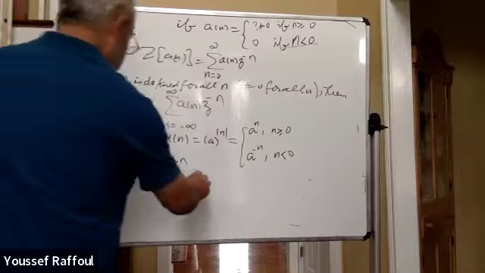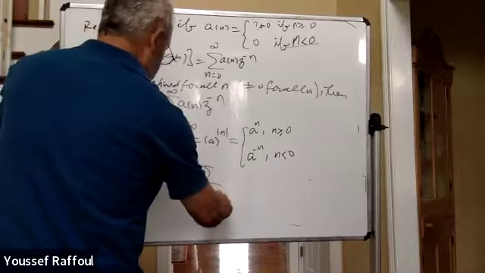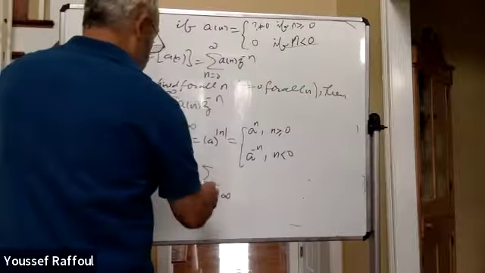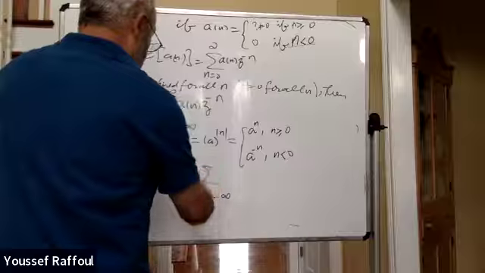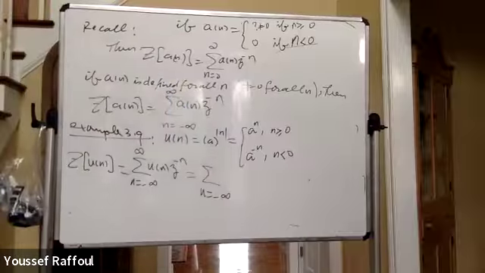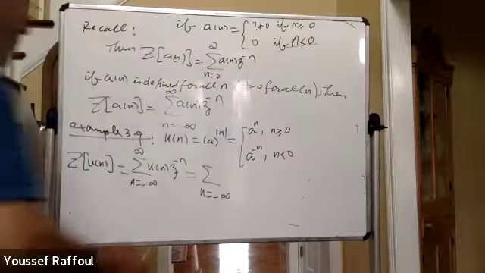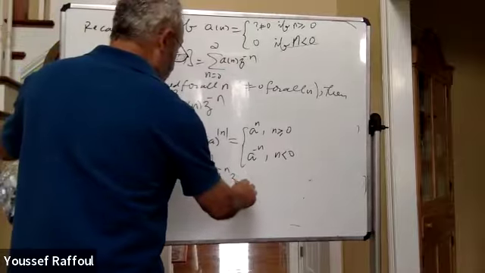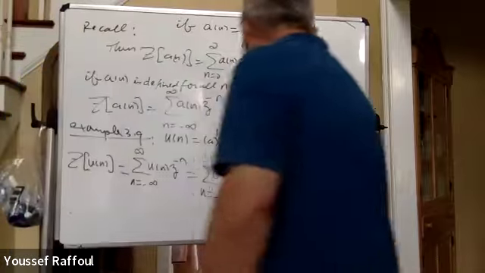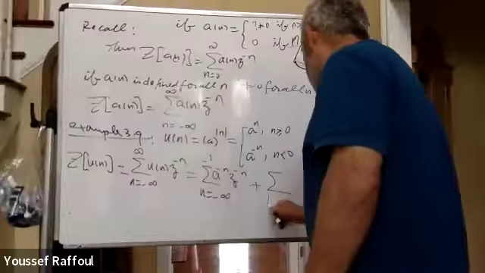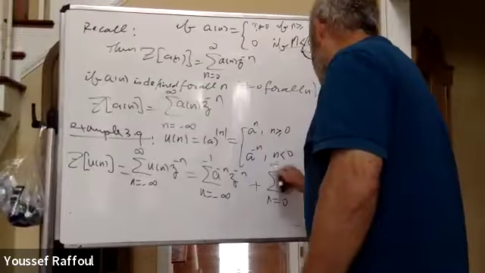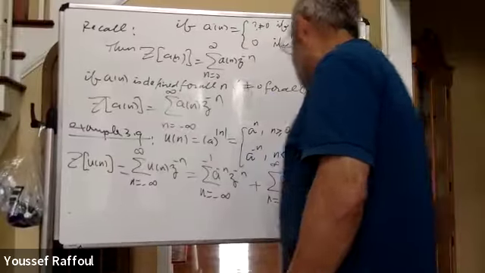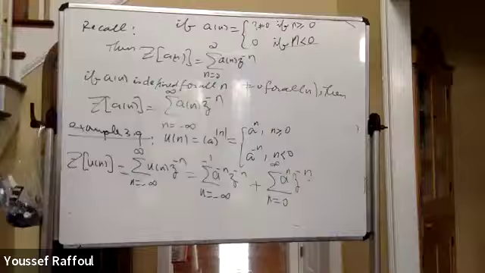And that is, if you do it like this, the sum from n equals minus infinity to minus 1 of a^(-n) z^(-n), plus the sum from n equals 0 to infinity of a^n z^(-n). Okay?